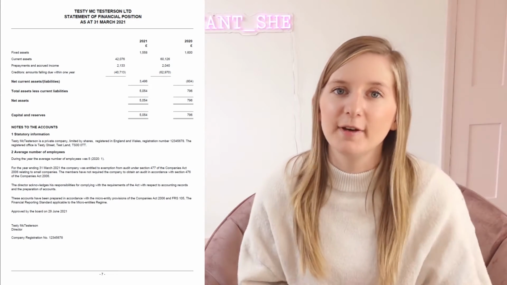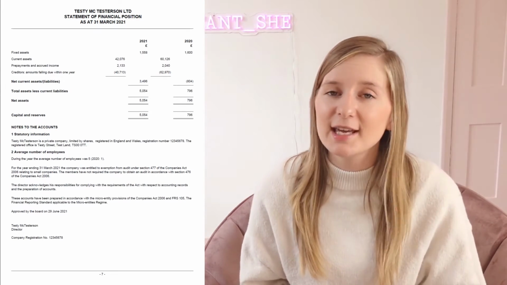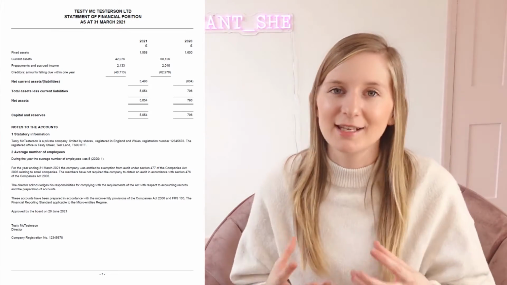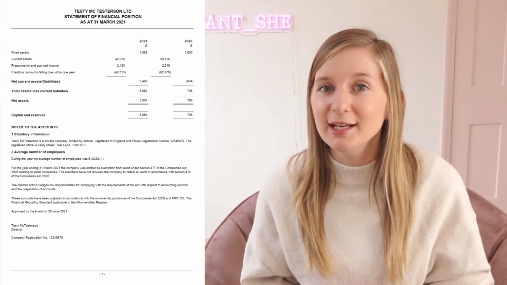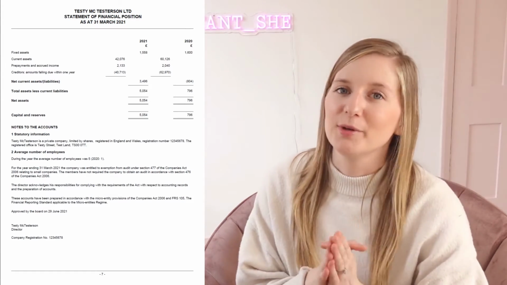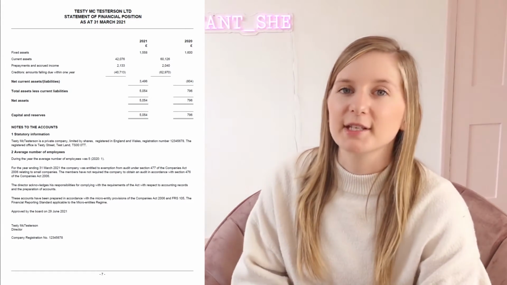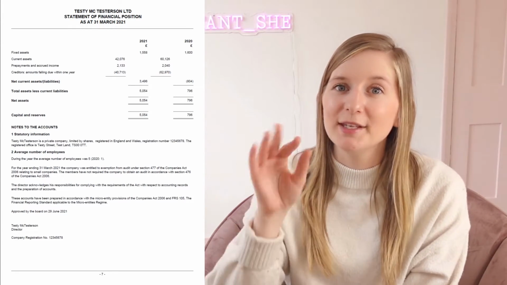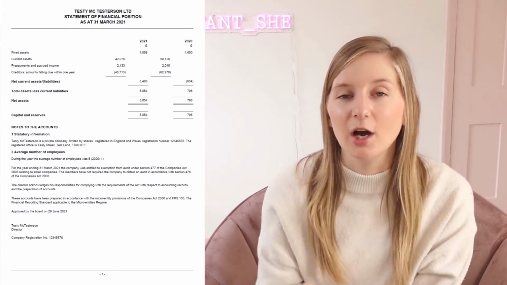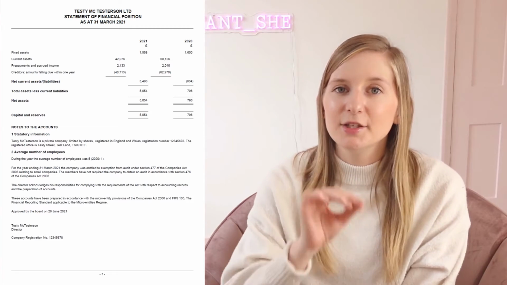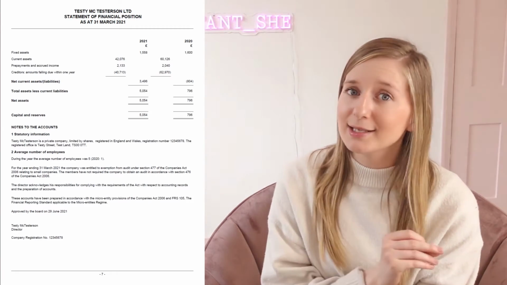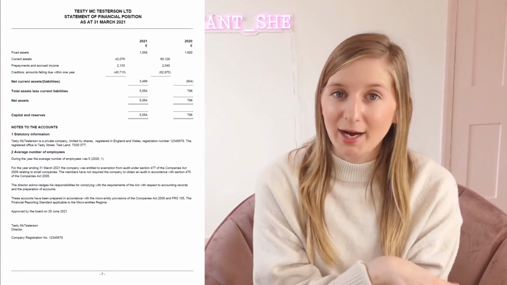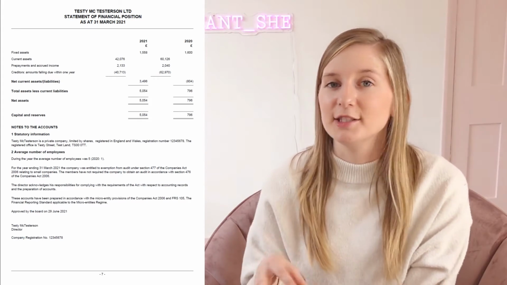So within the statement of financial position, we have fixed assets. Those are items that we've capitalized during the year. And again, most business owners have a pretty good understanding of what the fixed assets of their business are. Something that quite a few business owners don't know is that the figure we hold on the balance sheet under fixed assets isn't just the purchase price of your assets, it's the purchase price less the accumulated depreciation.